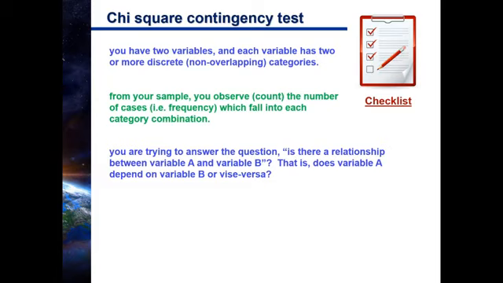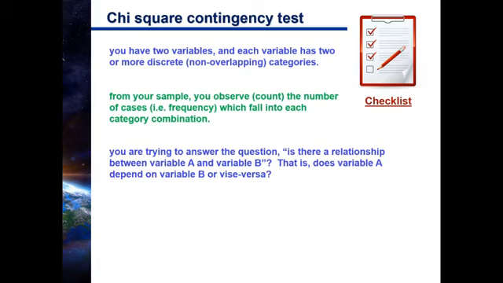Now, you're trying to answer the question, is there a relationship between variable A and variable B? So that is a different question than the goodness of fit test, right? Because in the goodness of fit test, you are answering one of 2 questions. One version was, are my frequencies evenly distributed across the different categories?